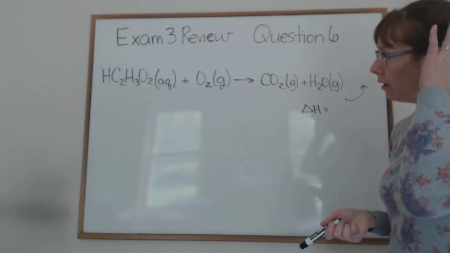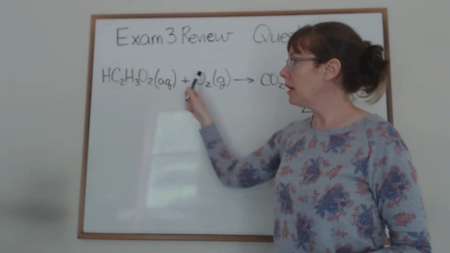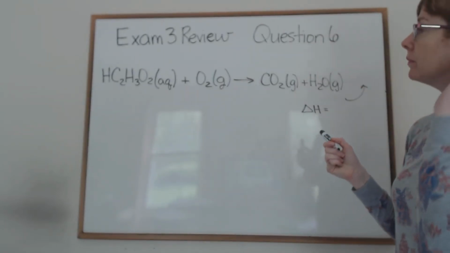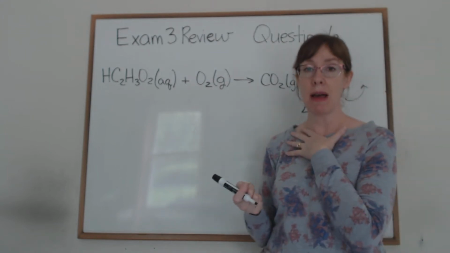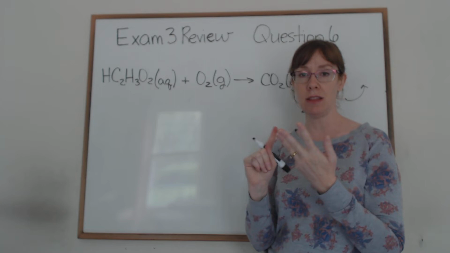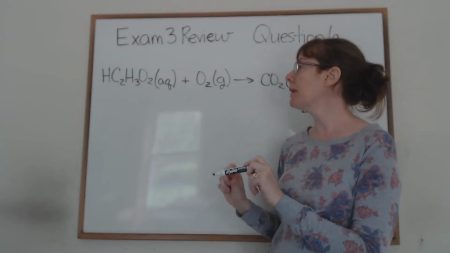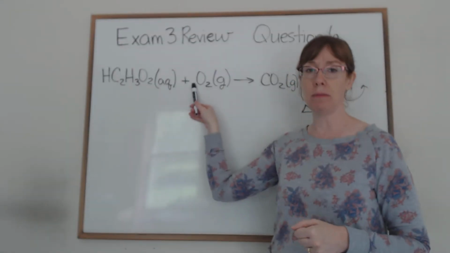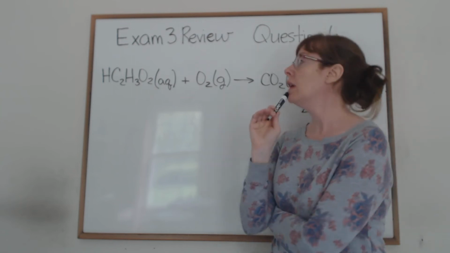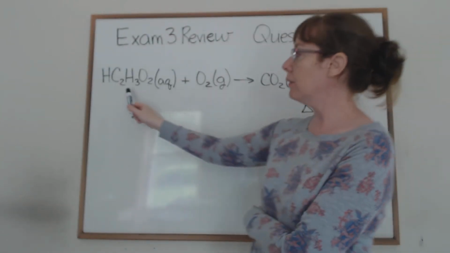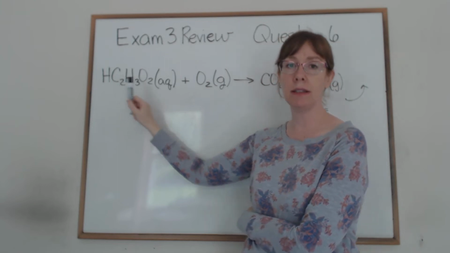All right, so we only have H's, C's, and O's. How I usually do it is I balance the C first, then the H, and then the O last. The O is a good thing to balance last because you can just make this any number that you want and kind of fix it. So let's look at C's first. There's 2 carbons in acetic acid.